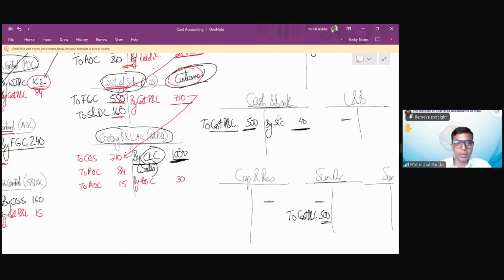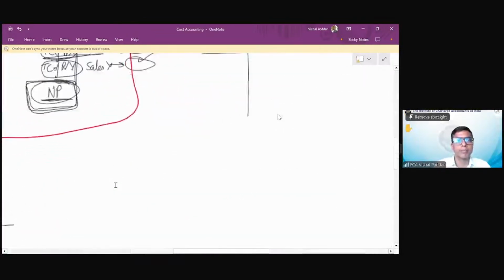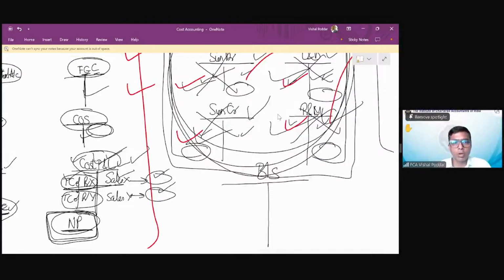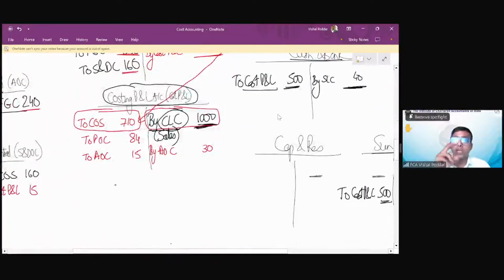Now, pay attention. This is the total cost of your product. This is the sales value of your product. And if you remember, at the start I had explained this: when you reach your cost P&L, in debit you will get the total cost, in credit you will get the sales. So by comparing these two figures, you will get to know the profit or loss of each product.